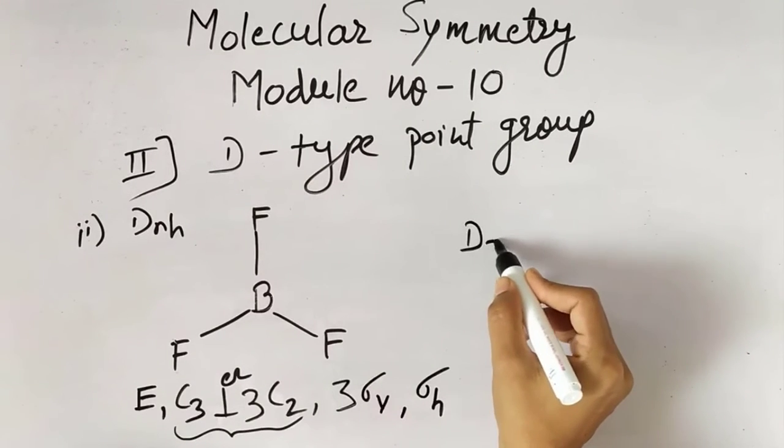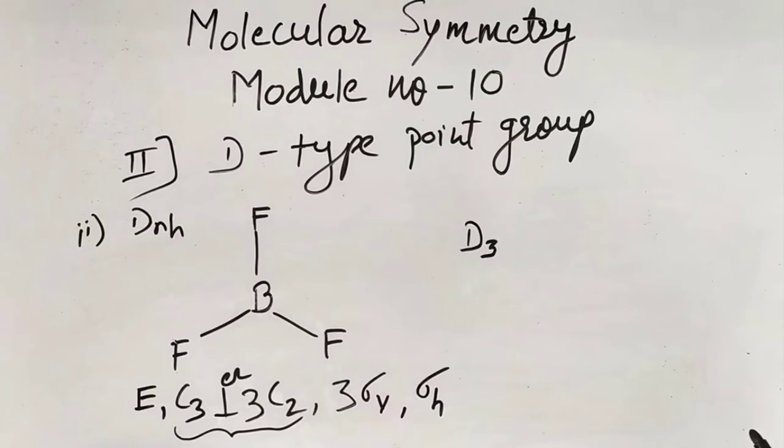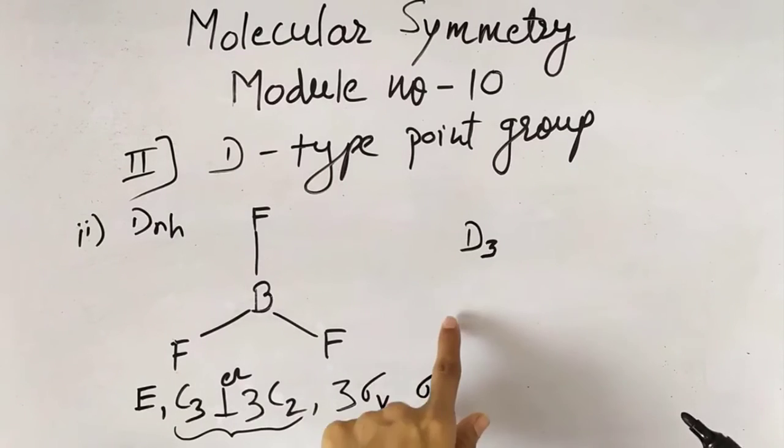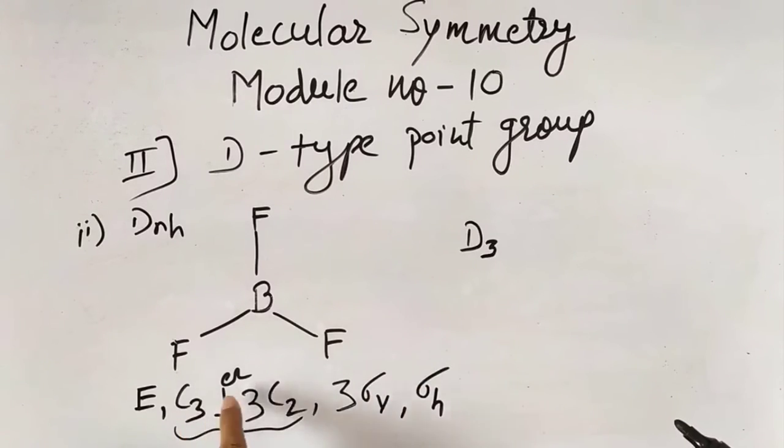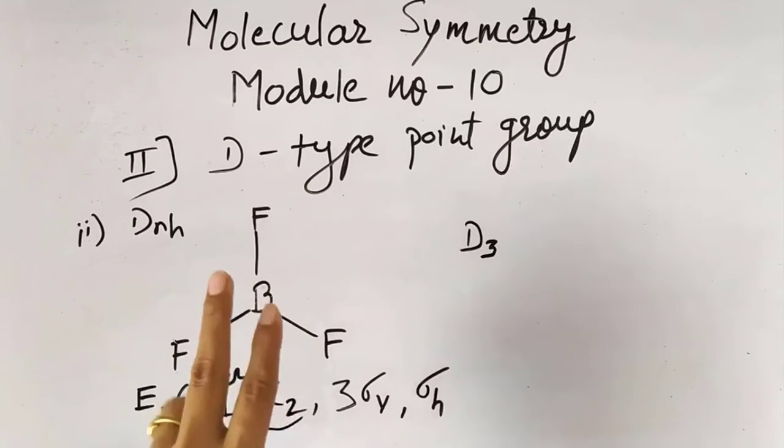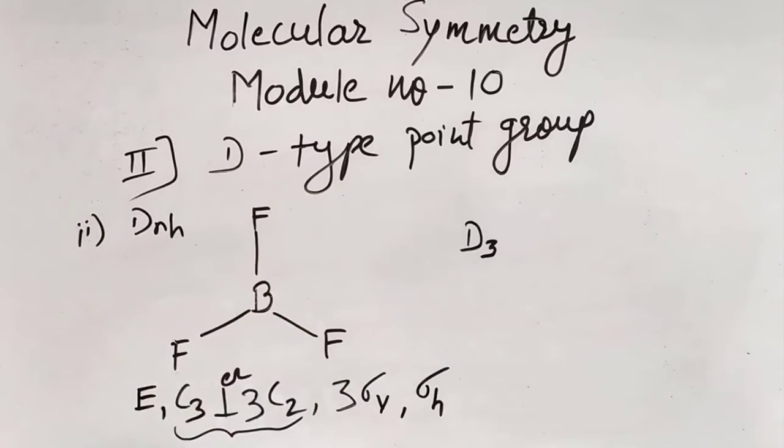It will be D3. Alright, why? Because the definition of D3 is C3 perpendicular to 3 C2s. So according to this it is D3. Now we have to check whether it belongs to the DN, DNH or DND type of point group.